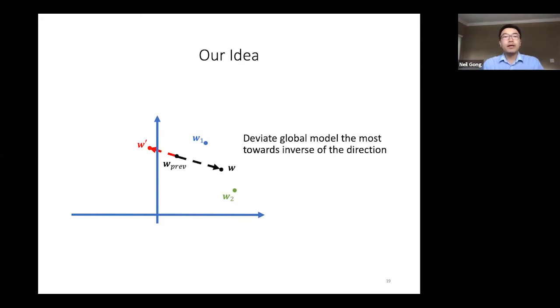Let's assume client 1 is malicious. In order to deviate the global model to be W prime, client 1 sends a poisoned local model W1 prime to the server, such that the aggregation of W1 prime and W2 becomes W prime.